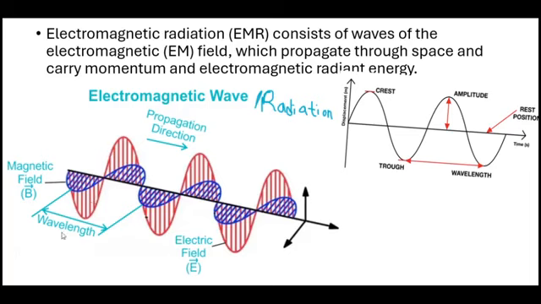The wavelength in the electromagnetic field is the distance between one crest and another.